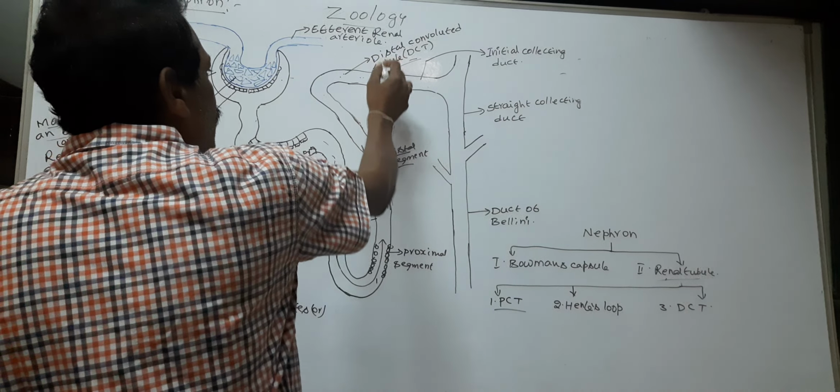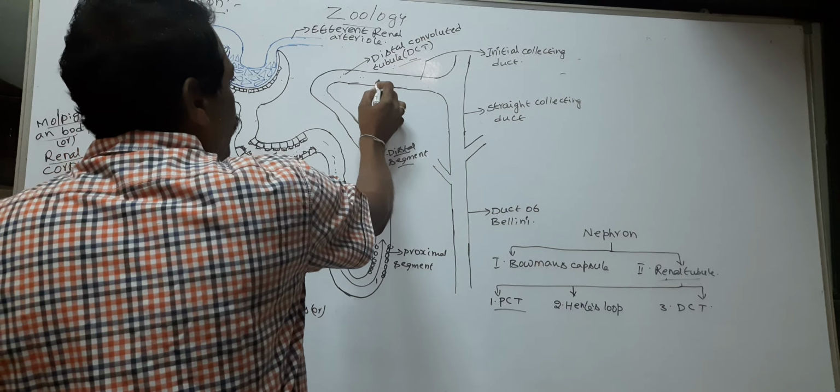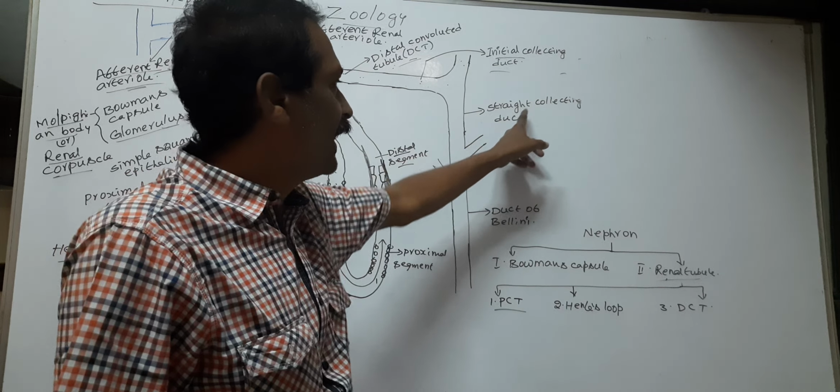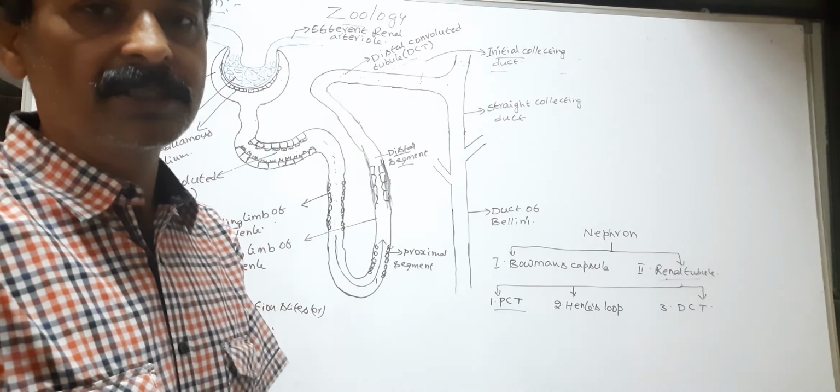Now, the distal convoluted tubule continues to form the initial collecting duct. Next, some of the initial collecting ducts of different nephrons join to form the straight collecting duct.